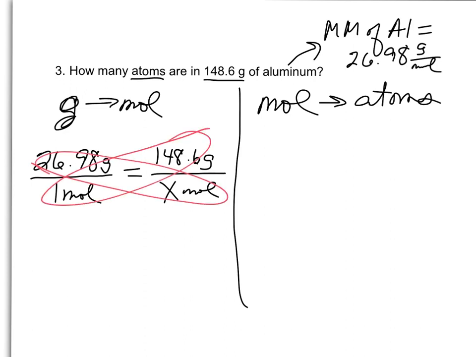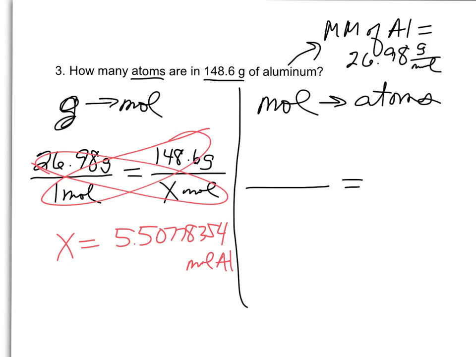I cross multiply, and when I do that, I end up getting x is equal to 5.50778354 moles of aluminum. And I don't want to round to sig figs yet, so I want to keep that number in my calculator, and then I'm going to use that number in my next proportion.